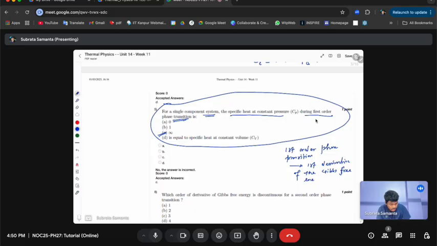That's why it's first order, and the specific heat is related to one more derivative, so it diverges, right? So it's infinity. Okay, so option C is correct, right?